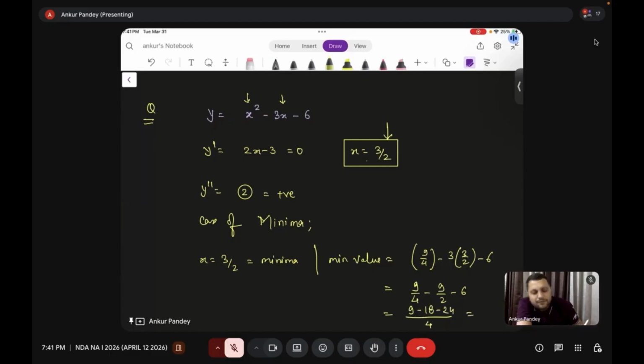You can get the answer very easily. How much? Negative 33. Clear? Understood? Negative 33 by 4 is the minimum value of this function, x square minus 3x minus 6. Clear? I will show you also.